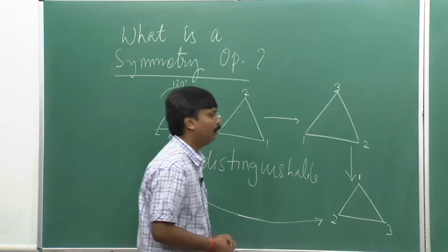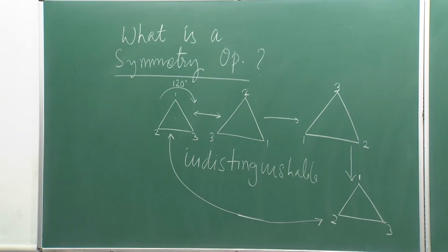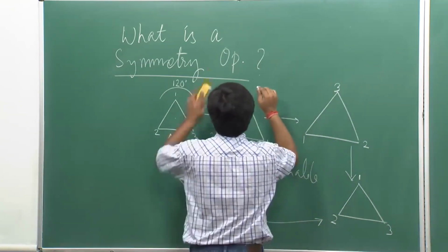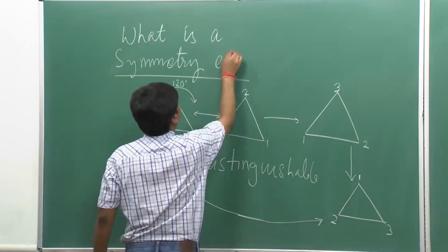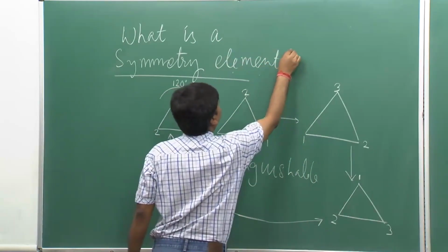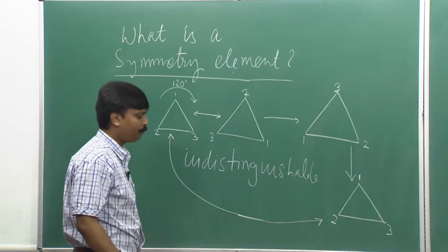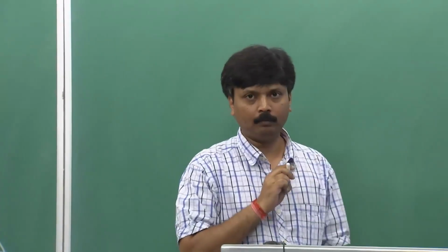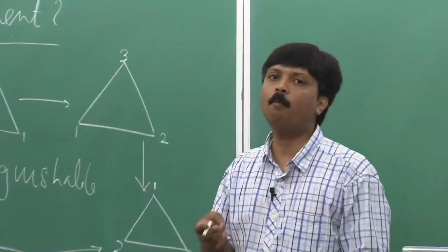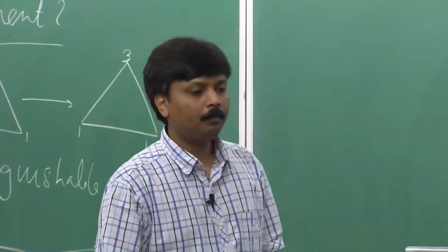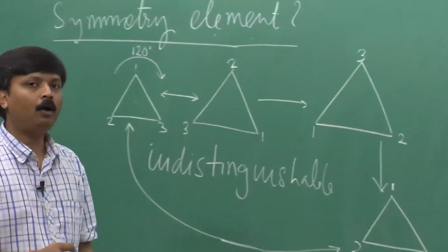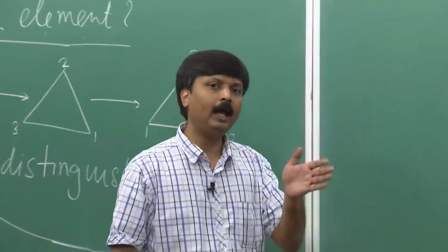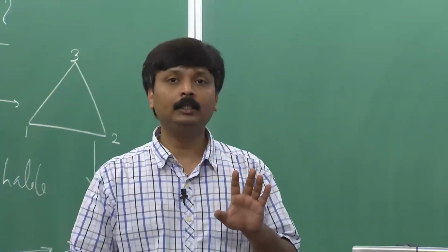Now, what is a symmetry element? A symmetry element is some entity within the body. It can be an axis, a point, or a plane. The axis, plane or point about which a symmetry operation takes place, giving an indistinguishable structure, is known as a symmetry element.